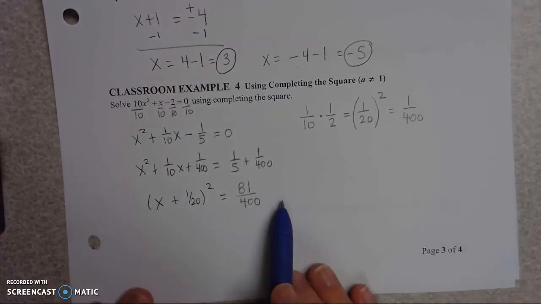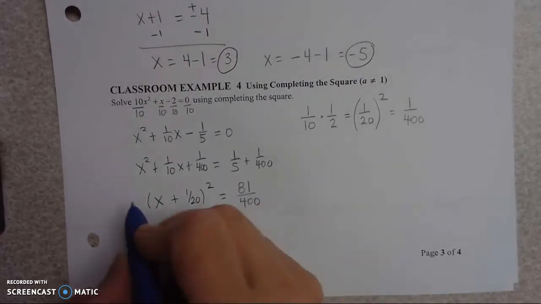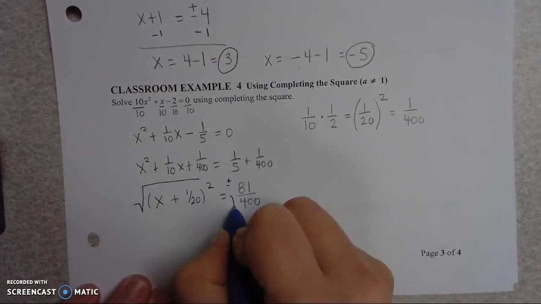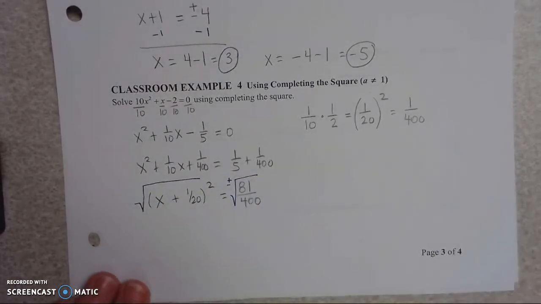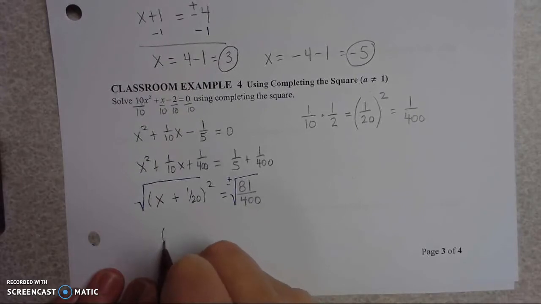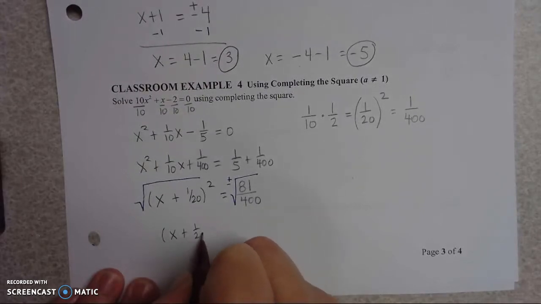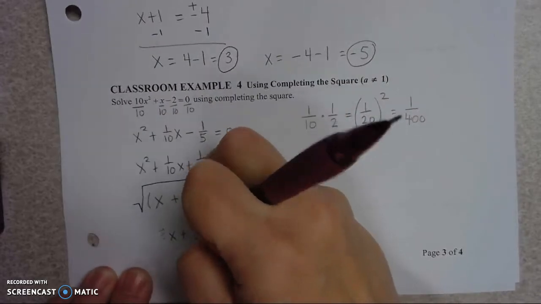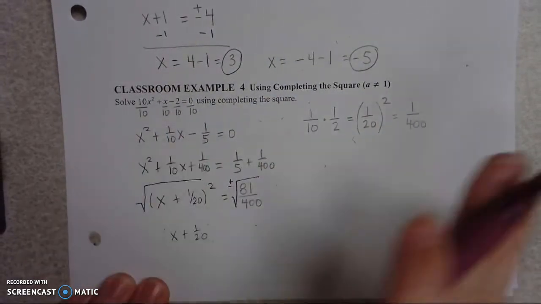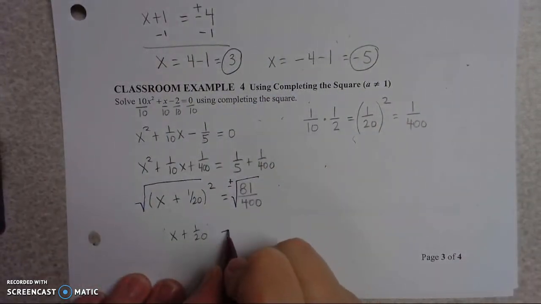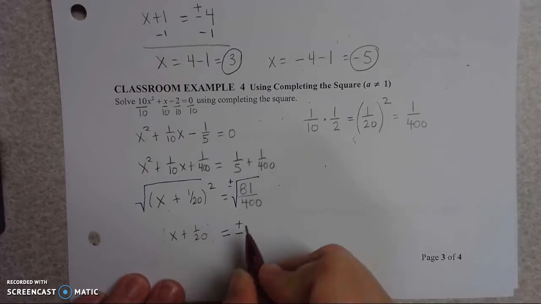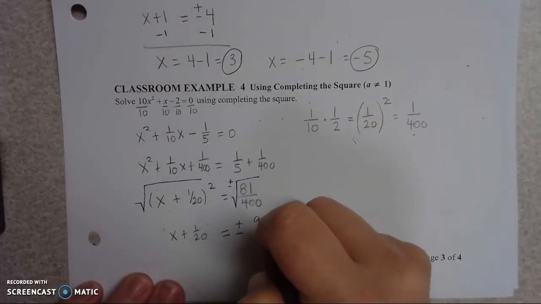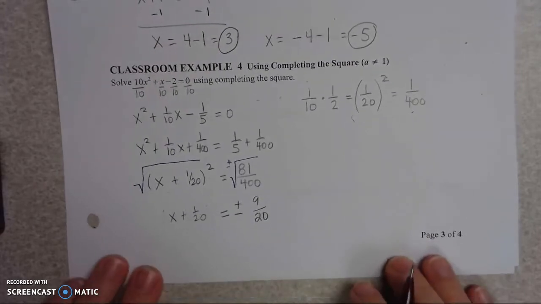Alright, so now that I have it set up where I can use the square root property, I'm going to take the square root of both sides. This will leave me x plus 1/20 equal to the plus or minus the square root of 81 is 9, and the square root of 400 is 20.